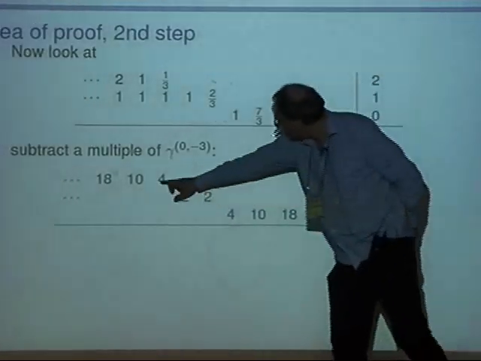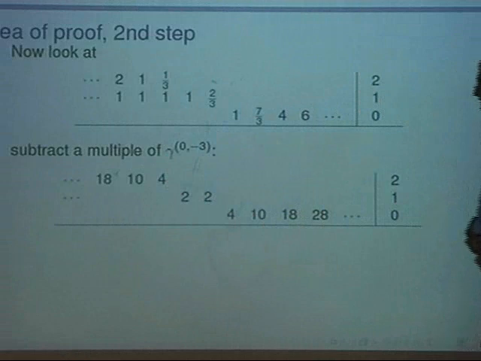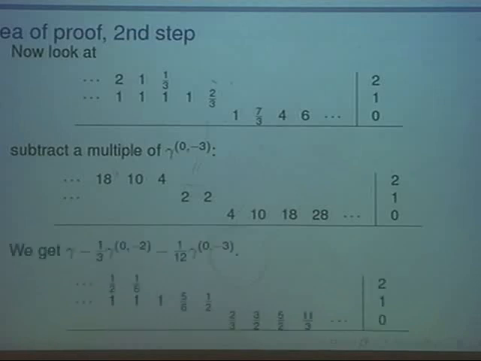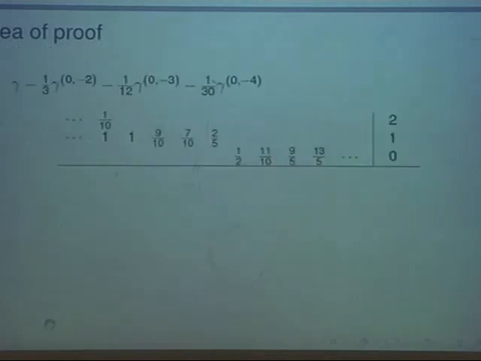And you see the 4 compared to 1/3, so you can subtract a 12th of this. And if you do that, then you get one more 0. And then we continue. So we do it again.